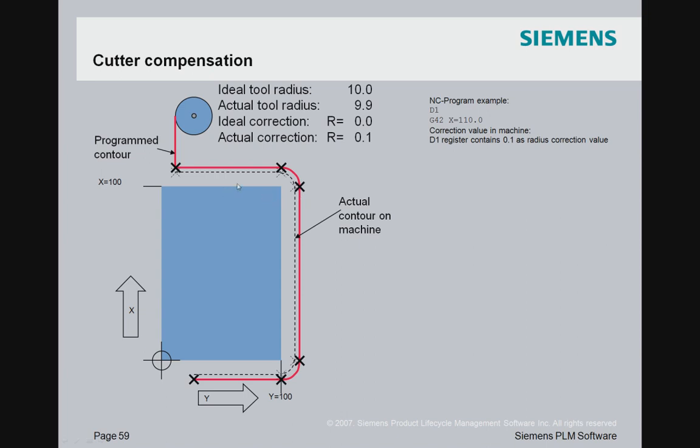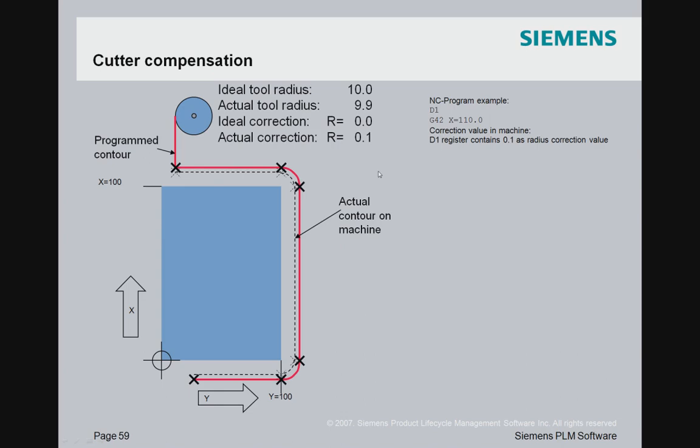If in reality you're using a tool that does not have the 10 millimeter radius of our ideal tool in the CAM system, but a tool that is typically smaller because of wear, then the controller has to offset by this wear value towards the part. So in this case, right of the programmed red curve. These are the two different ways to use cutter compensation or contact contour.